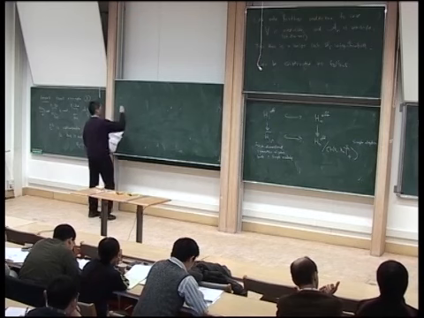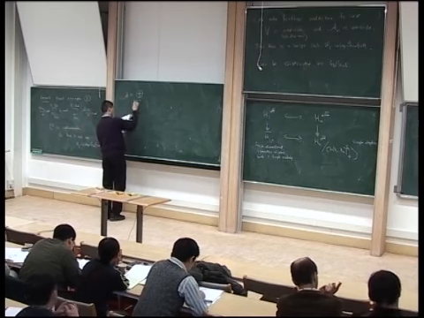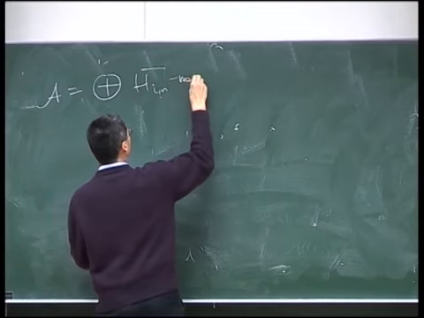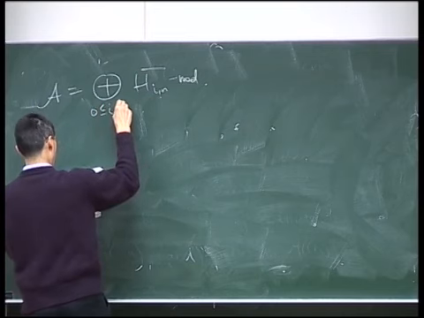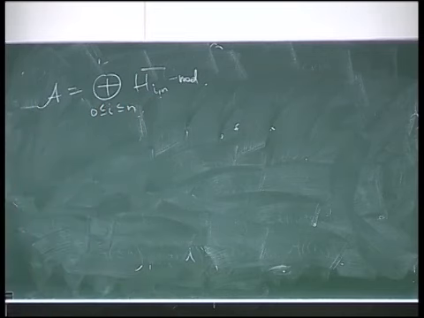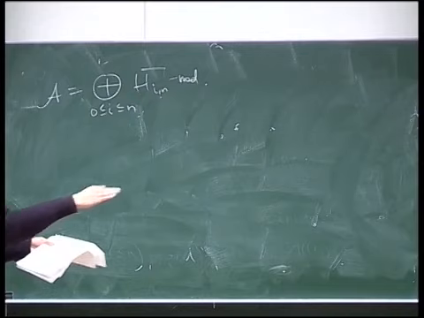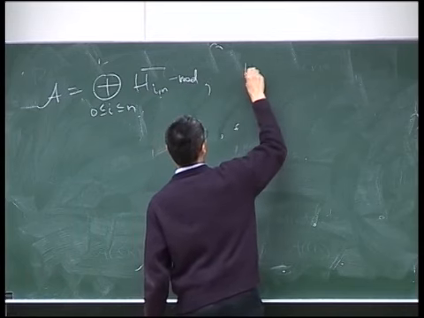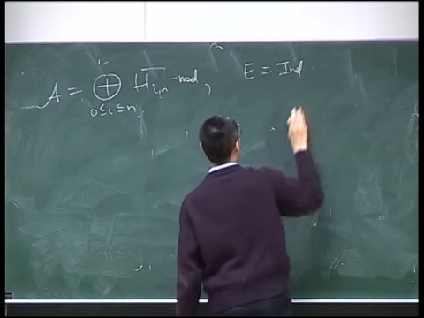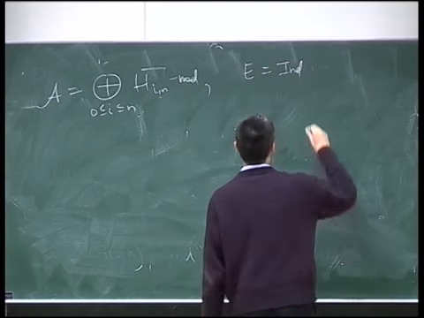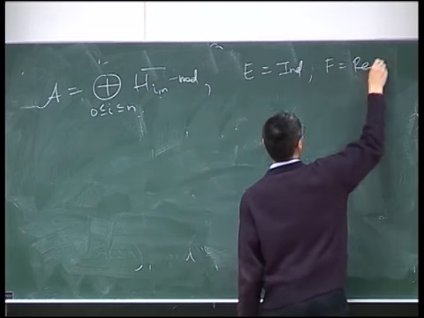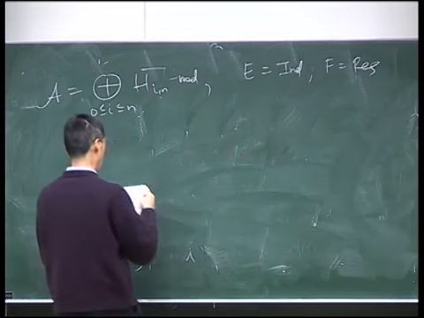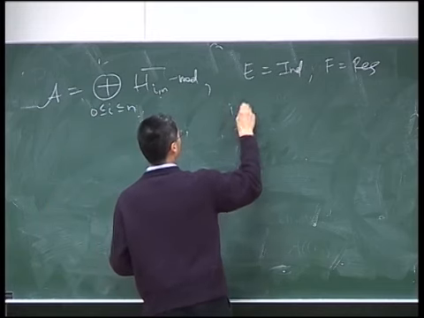We set A to be the direct sum of the module categories. Since we have this sequence of inclusions, we use induction and restriction functors to form an sl2.